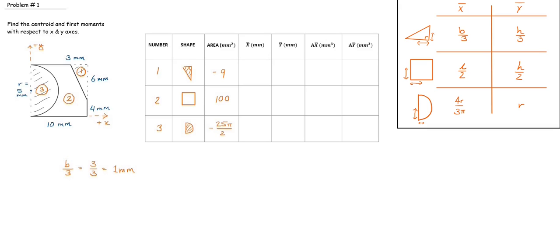So to put it into perspective, you need to subtract the total length, which is 10 millimeters, minus our calculation, which is 1 millimeter. So this will give you 9 millimeters for x bar.